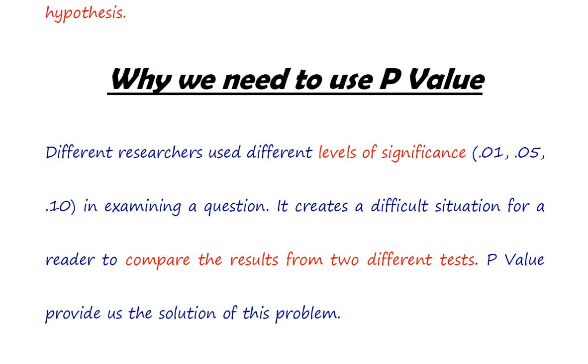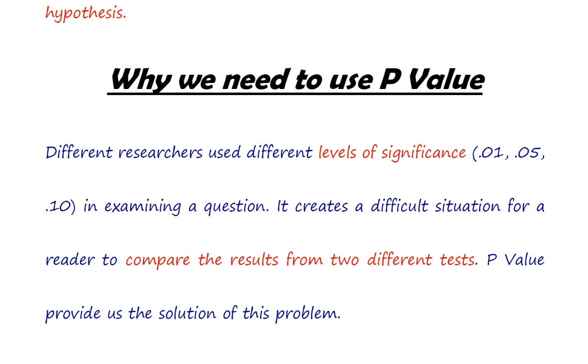So it creates difficulty for a lot of researchers or readers when they want to compare results of different tests, because one test is calculated on the basis of 0.05 level of significance, and it may be quite possible other researchers use 0.01.